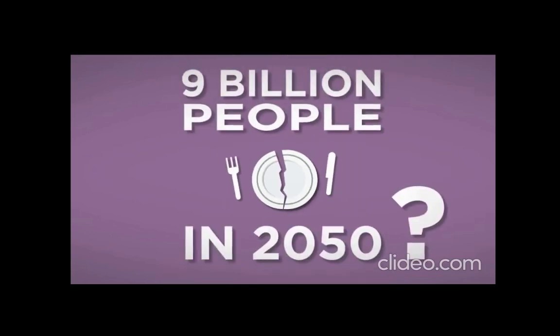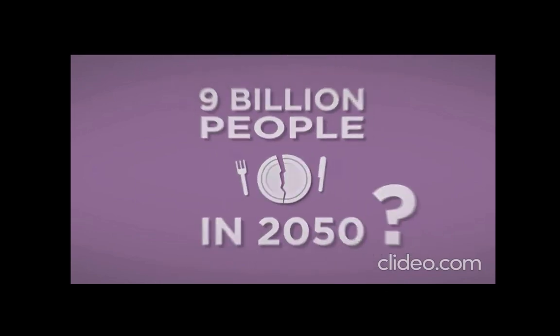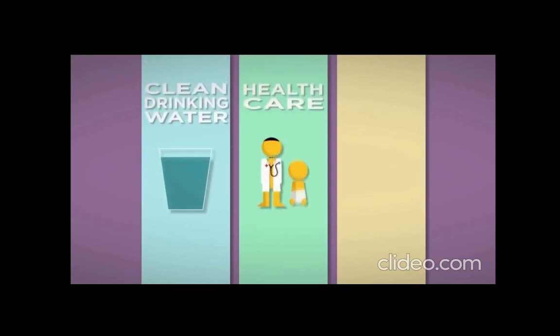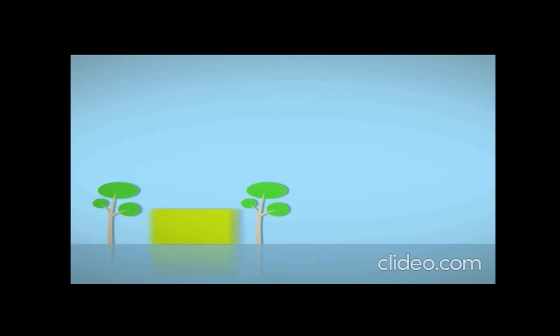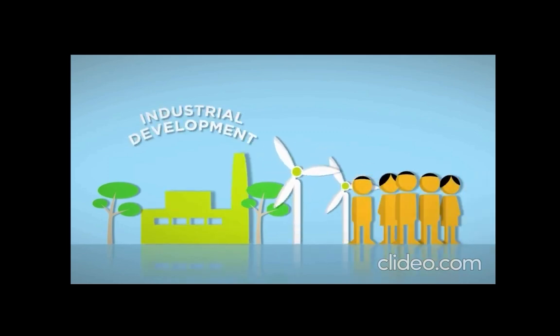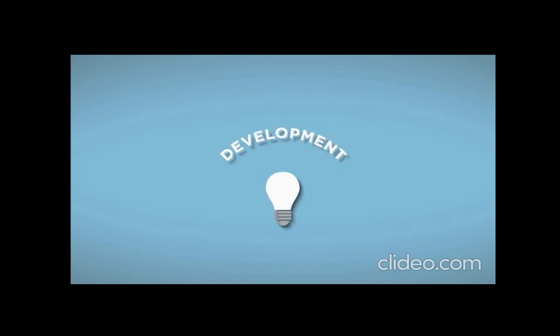How are we going to feed a total of 9 billion people in 2050? How can we offer everyone access to clean drinking water, healthcare, education? How can we protect biodiversity and take concrete action against climate change? How can we make sure that industrial development means progress for everyone? The proposed solution was a new kind of development, or rather a variation of the traditional model called, quite simply, sustainable development.